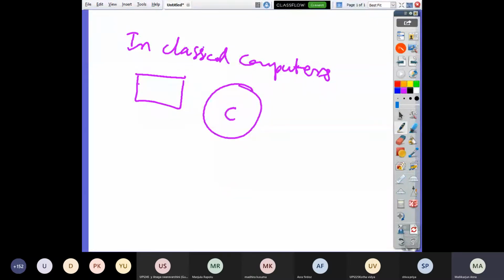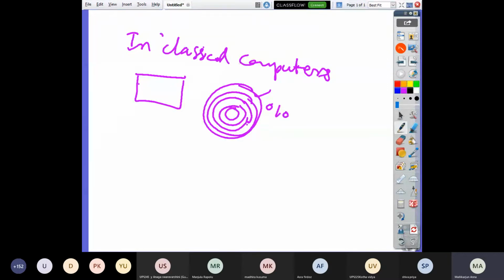Check your DVD drive once. It has so many lines around it, so many tracks. These tracks are regions to store the data. In these tracks, zeros and ones are stored.